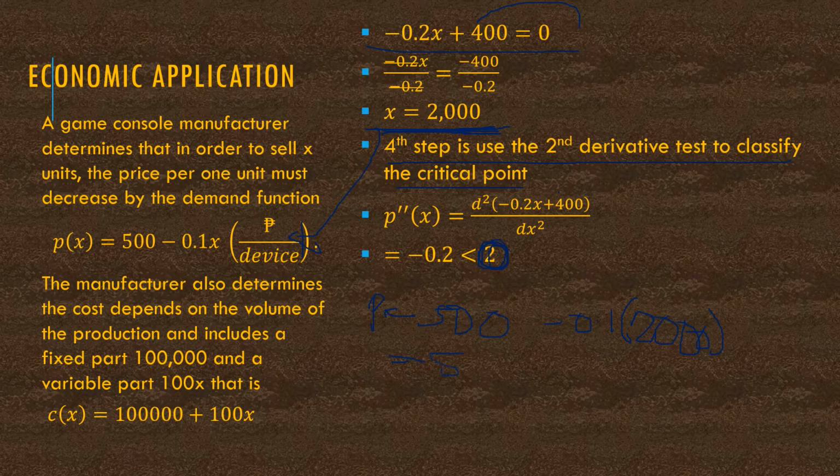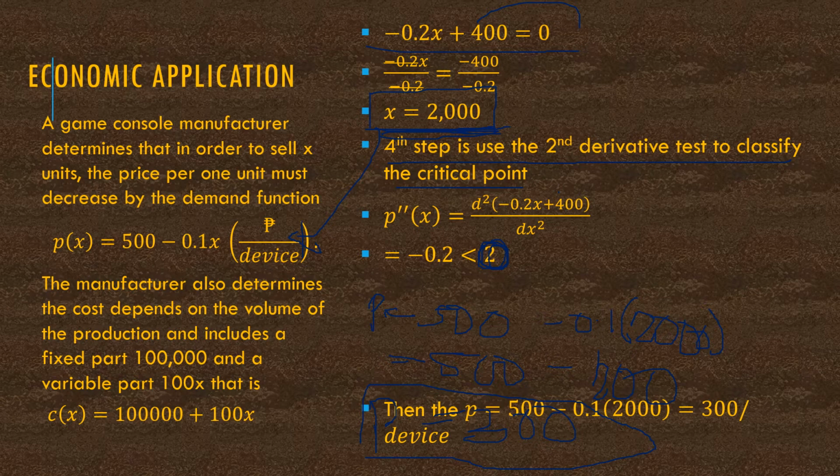So 500 minus 200, the price of the product is considered to be 300. Yeah, so we answered already the question. So the price that will maximize is at price 300, it will maximize an output which is equivalent to 2,000. Ganun po ang paggawa natin when it comes to a certain kind of application.